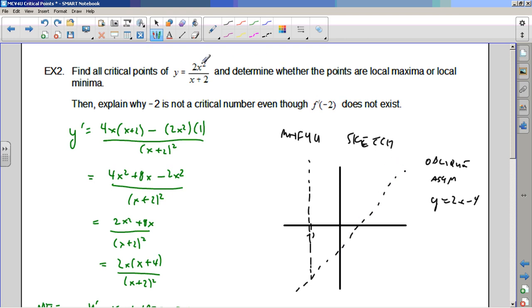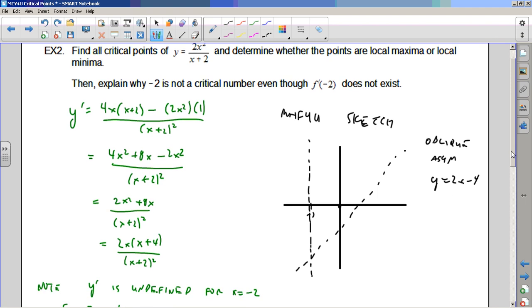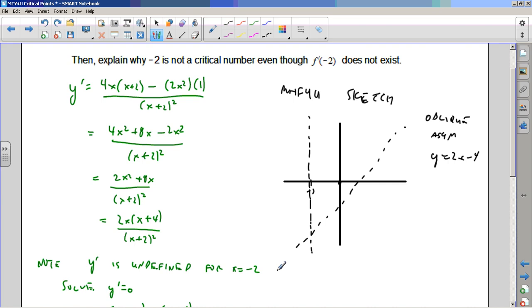I could find zeros and that sort of thing, and check out things like behavior near asymptotes. Hang on just a second, what's going on here?